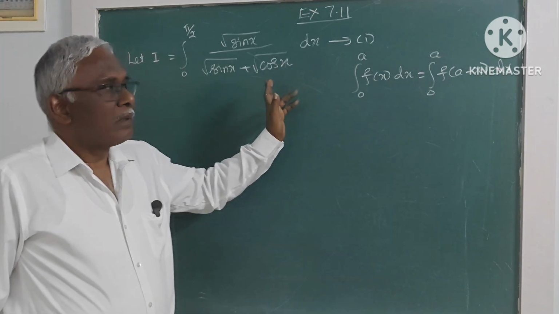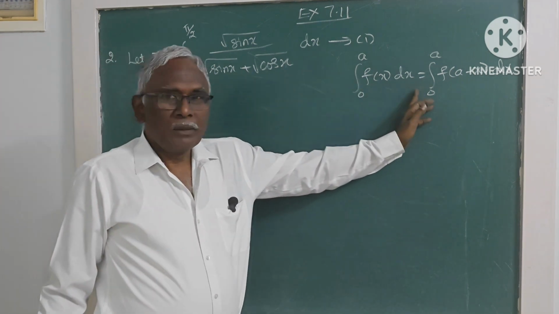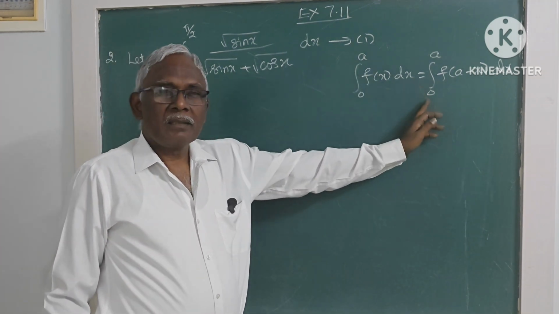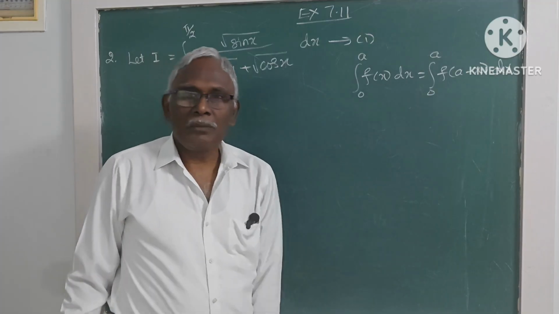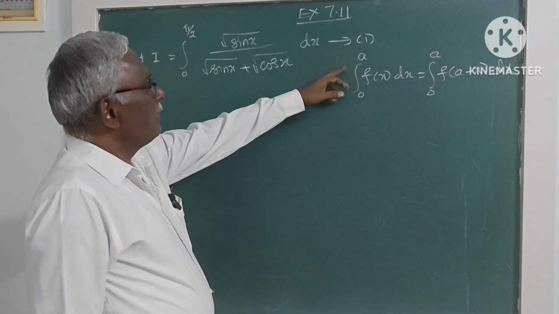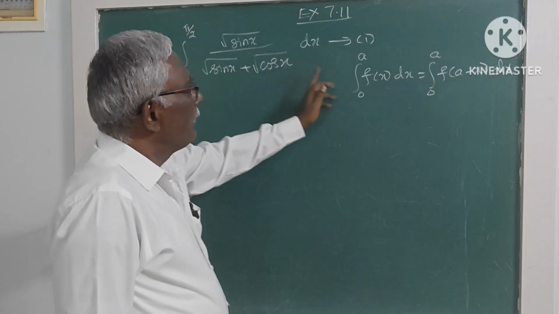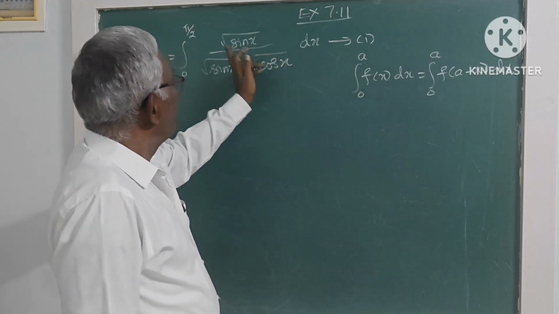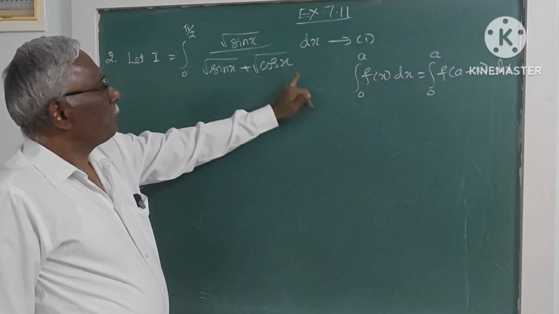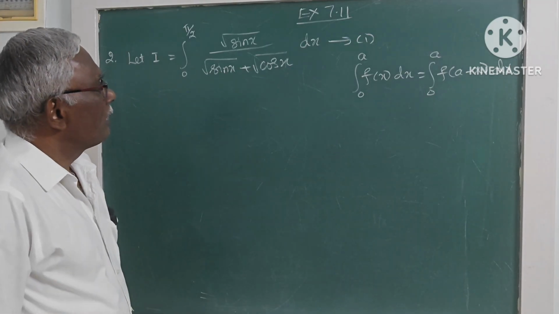To evaluate this integral, again we will be using this property: integral 0 to a f of x dx is equal to integral 0 to a f of a minus x dx. Here a is nothing but pi by 2, f of x is square root of sin x by square root of sin x plus square root of cos x.